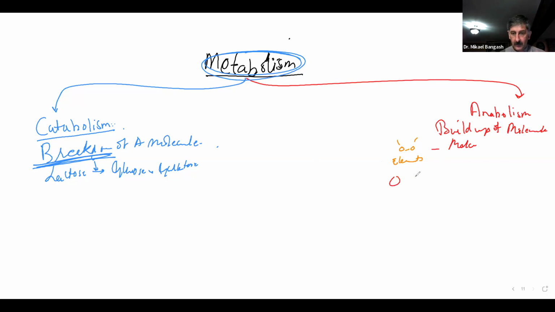Or even if we took different molecules and joined them together to form a more complex molecule or compound, it will still be anabolism.